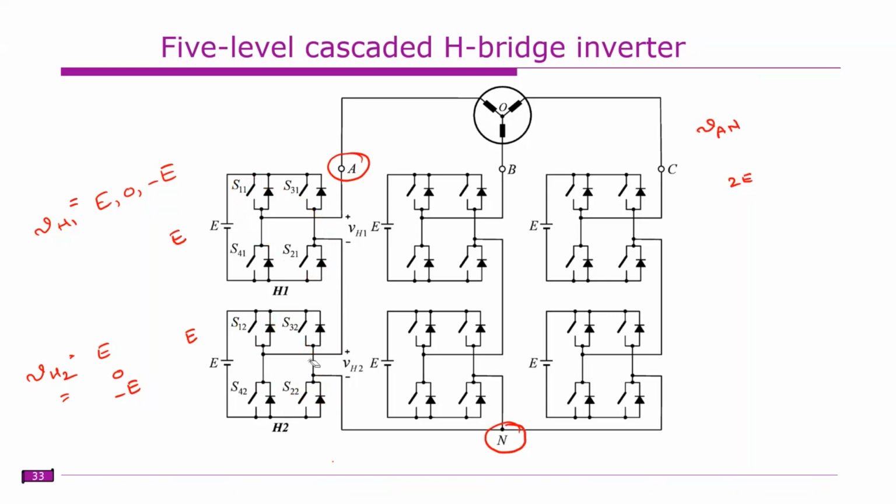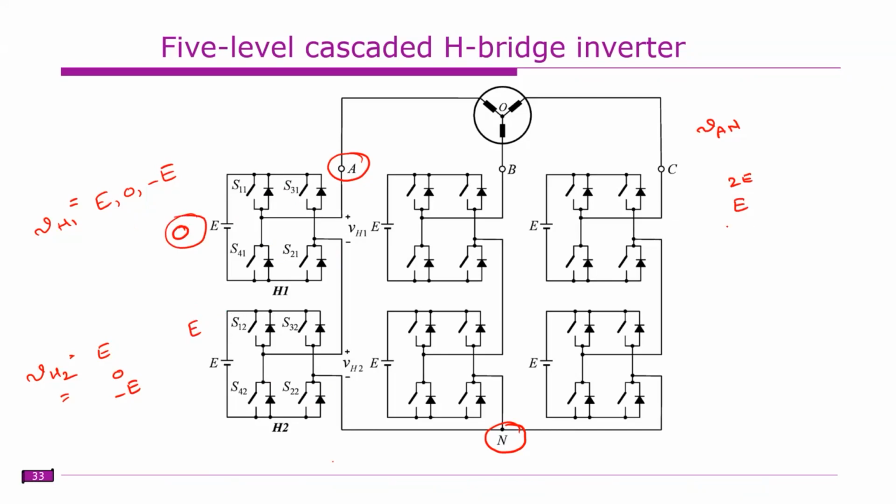Similarly, if you make this voltage 0, you can get E voltage. This E voltage can also be obtained the other way: make this voltage 0 and operate this bridge at E, so that you get E here and 0 here, for a total of E.